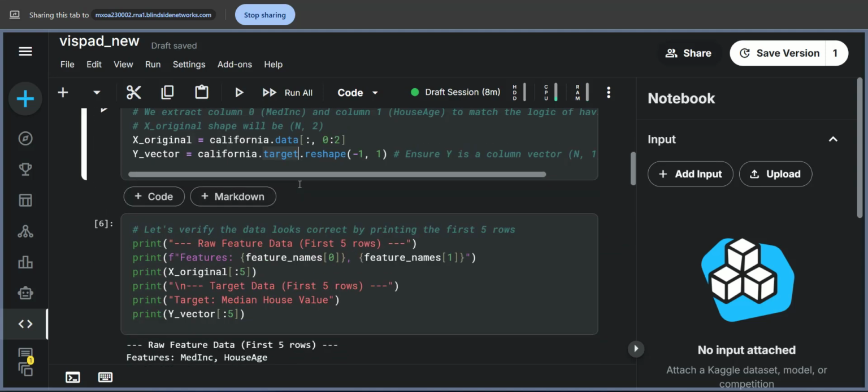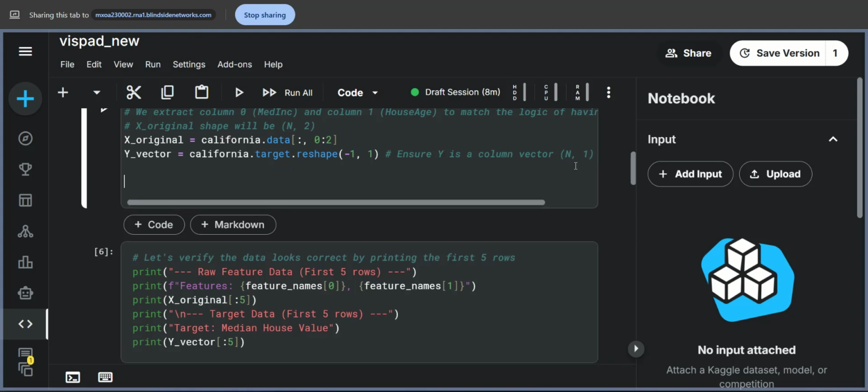Here, if you have a chance, you can go and learn more about reshape. I don't want to go into much detail. Let's say you have 12 flat list elements. You can reshape it into 6 by 2.